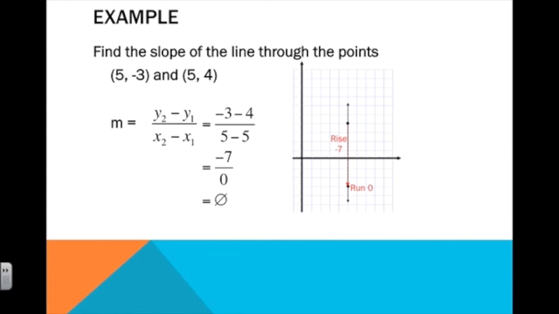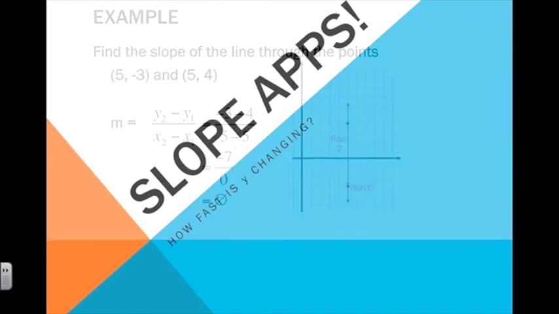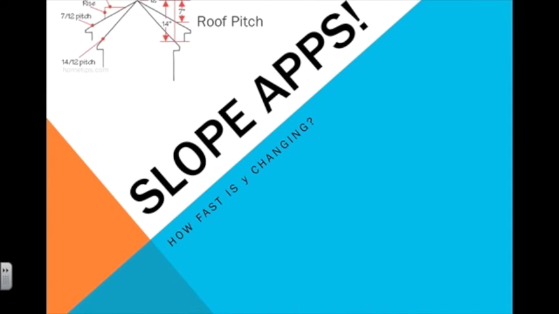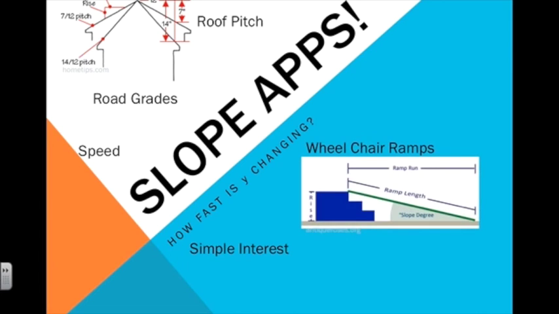But why is slope so important? Slope actually has thousands of applications. It includes the pitch of a roof, road grades, speed, simple interest, wheelchair ramps, population growth, hourly pay.